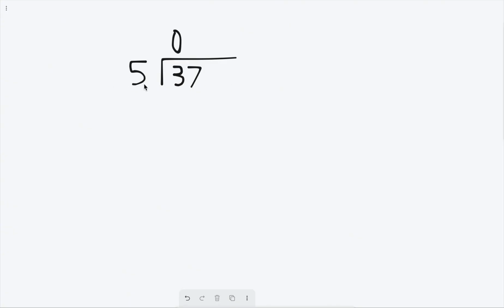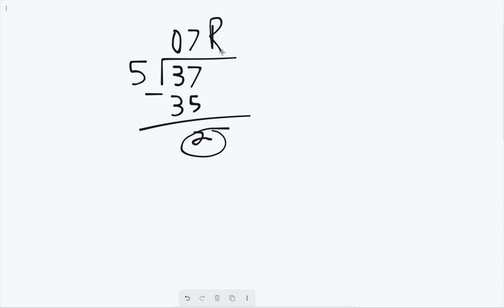How many times can 5 go into 37? 5, 10, 15, 20, 25, 30, 35. So 7 times. We write 35 here and put a 7 up there. Then minus, and we get 2. No numbers left, so this 2 is our remainder. We write R, which stands for remainder, 2, or some people like to do 7 and 2/5.